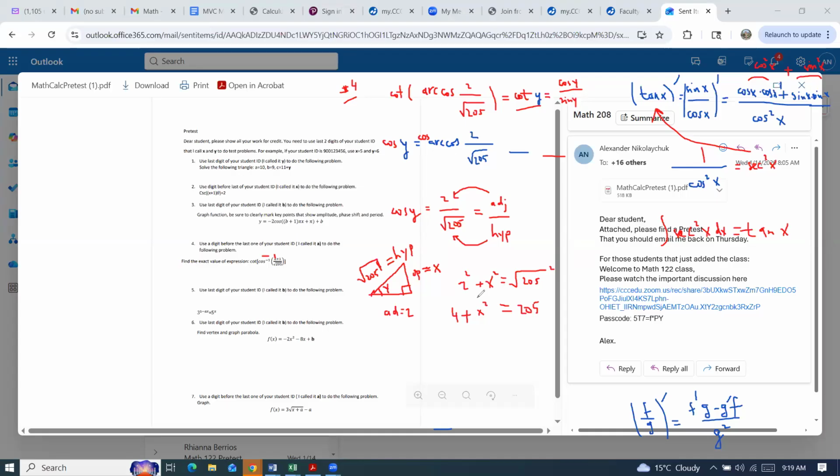And the opposite side is what we're just working on. So the opposite side, x squared, will be actually 205 subtract 4, or 201, and then we have x equal to square root of 201. And that's what will give me the ability to write what the sine is.